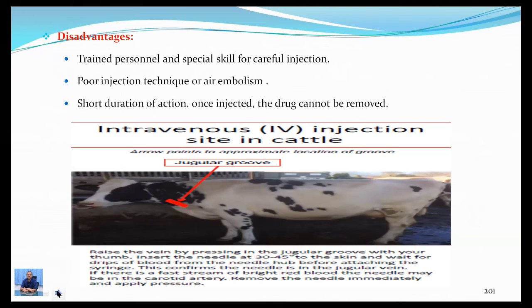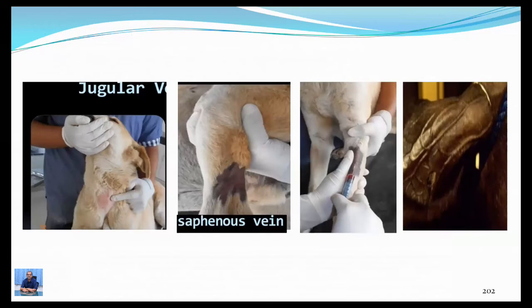Apart from this, many other routes, especially the ear veins, and very rarely the saphenous veins and mammary veins, are also used in cattle. And the jugular vein is one of the most common veins through which intravenous injections are given, especially in the dog.